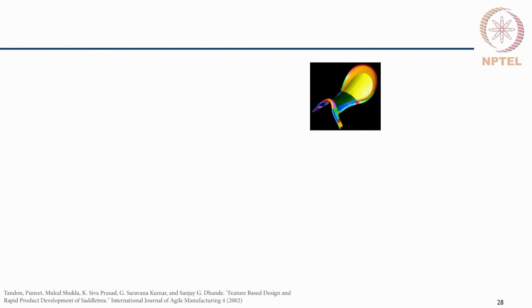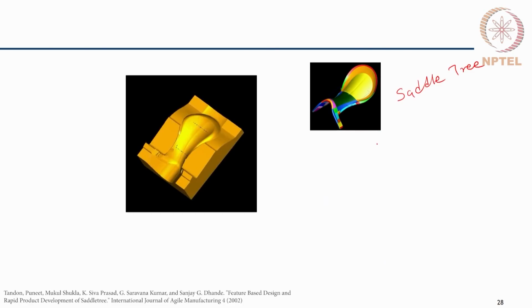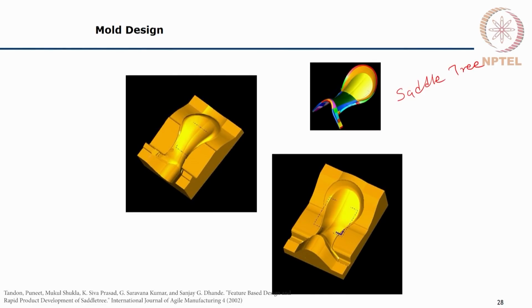So, this is an example design process which I am showing using one product. This is called a saddle tree, which is used in the saddle, which is mainly a leather component used to help a jockey sit on a horse while riding. So, this is a saddle tree, which is an injection molded component. What you see is a CAD drawing, and based on the CAD one designs the mold.